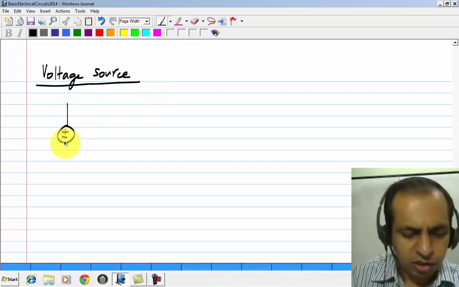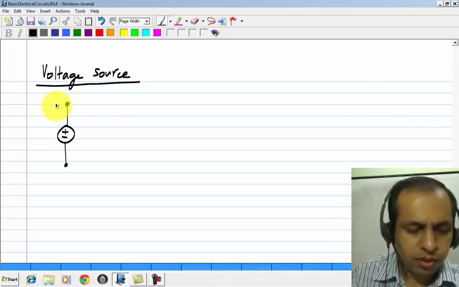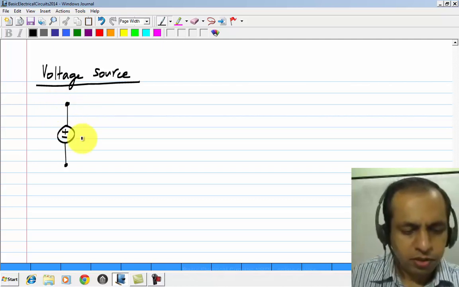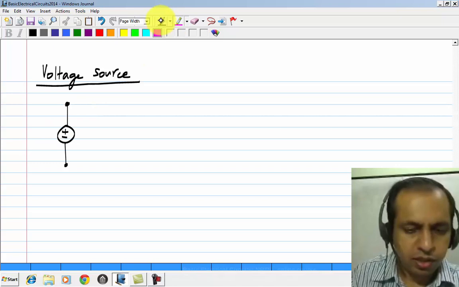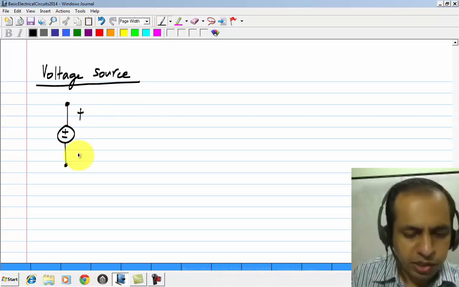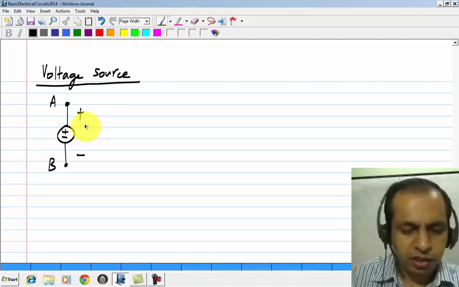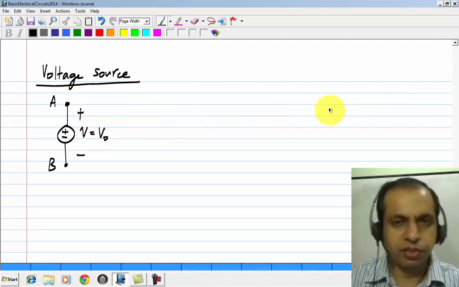It is given by this symbol, with the polarity indicated inside. What does it mean? It means that the voltage between these two terminals A and B measured in this way, which is given by the polarity inside, is a certain V0. This is the specified voltage.